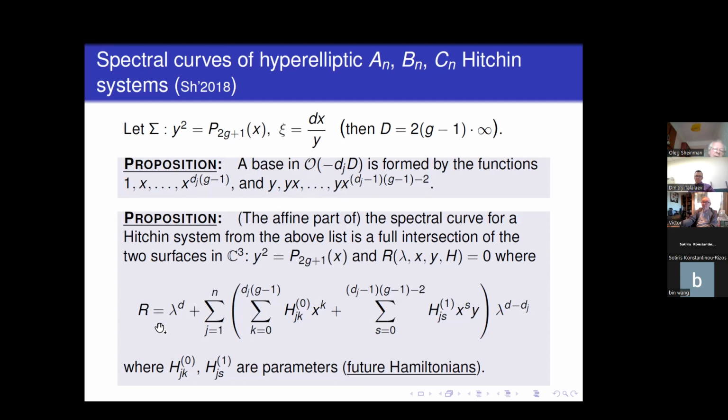Let's write down the equation of the spectral curves in this form.